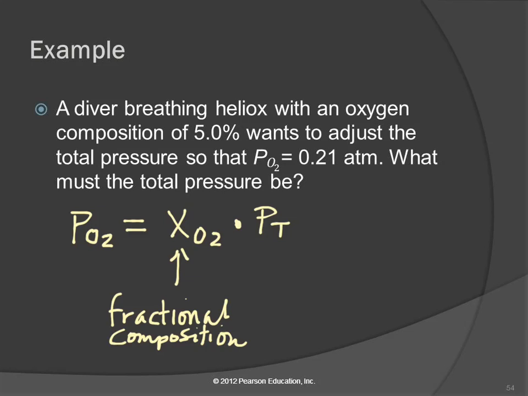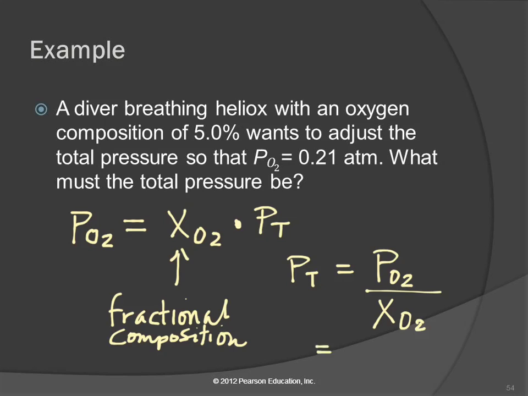We want to find out what the total pressure is. So we need to rearrange the equation, and we'll do that by dividing both sides by the fractional composition. We rearrange that equation, and we get the total pressure is equal to the desired partial pressure of oxygen divided by the fractional composition of the oxygen.